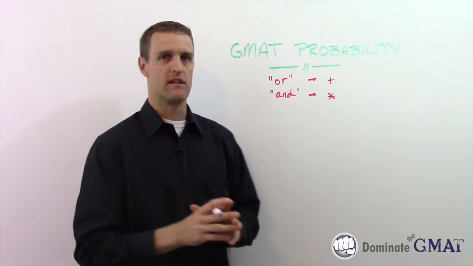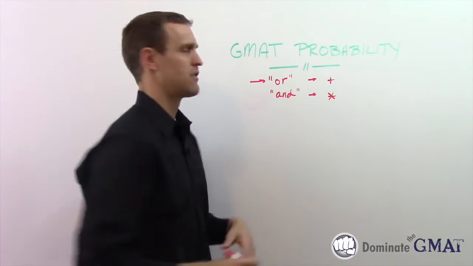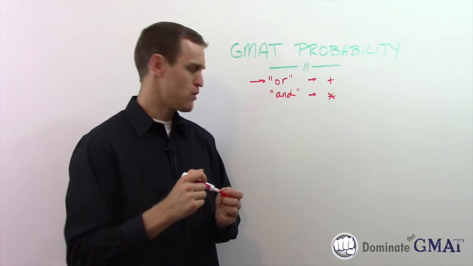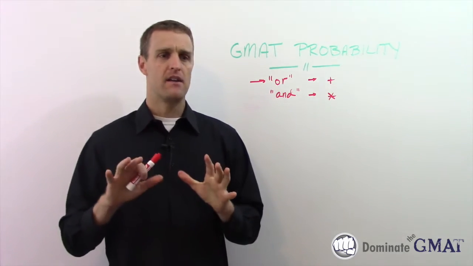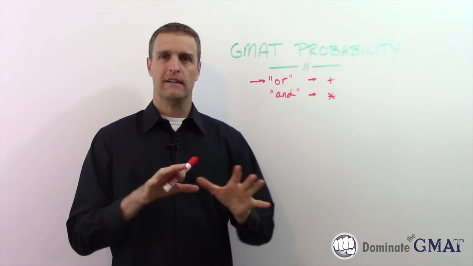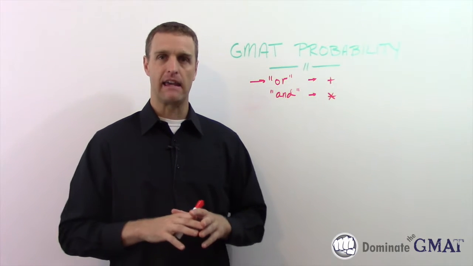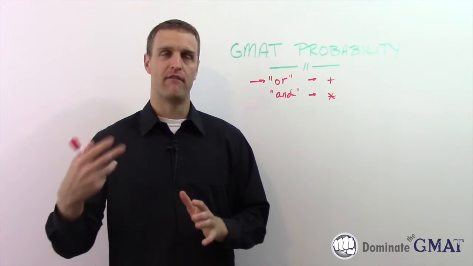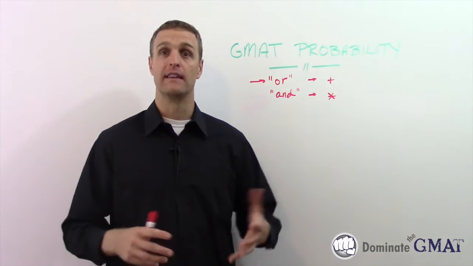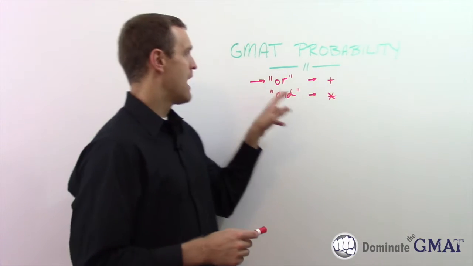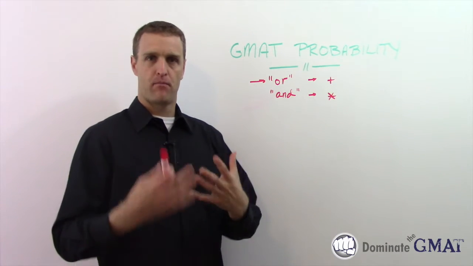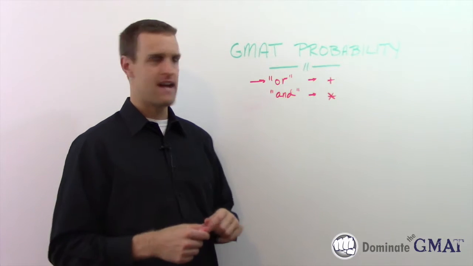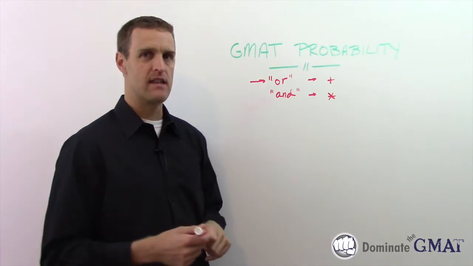Again, a generalization, but I want to take a closer look at the "or" scenario for a second, because there are 2 potential ways of applying it, and sometimes on harder questions there will be an aspect of it that is important for you to at least be aware of. Now, when we have the probability of something or something else happening, like I said, we add those things together.